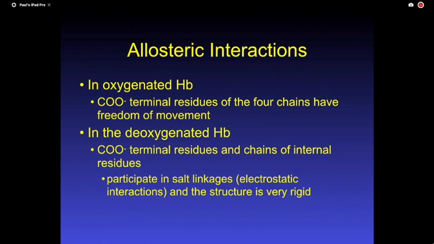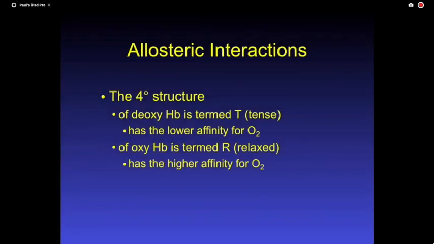So what we actually talk about is the quaternary structure, the structure between the four subunits. If it is deoxy, it is called the tense form because it is locked. It has a lower affinity for oxygen. The tense form is also enhanced by the BPG getting in there.